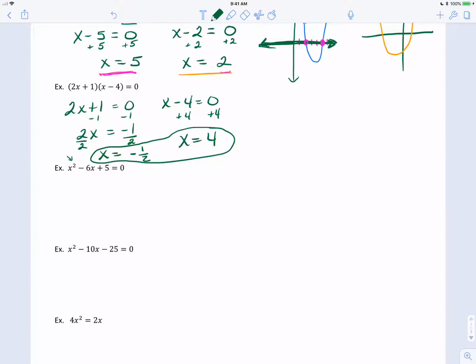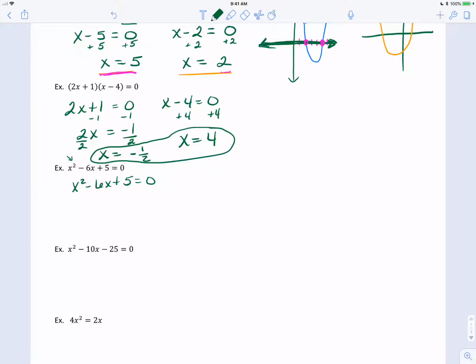Okay, so let's look at one now. We've got to do the whole thing. We're going to have to factor this: x squared minus 6x plus 5 is equal to 0. And remember our factoring strategies. First off, we look for a GCF. Well, we don't have one of those. Next we look at the number of terms.